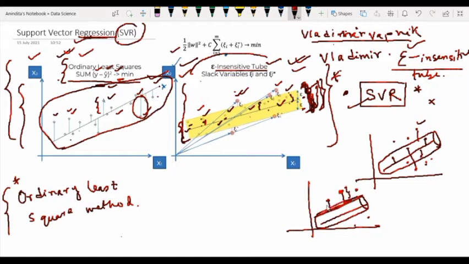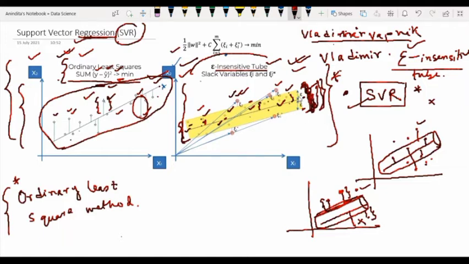This is the measured error. So this distance is considered as error, not this distance. Between the point and the regression line is not the concept of error here. But in the case of linear regression, the error means this length. So you have to keep this in mind. Whichever point falls outside this tube, the distance between the point and the outer boundary of the tube is considered as error, not the trend line itself.